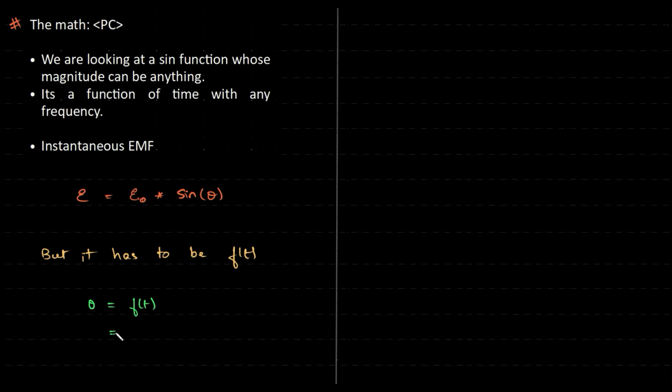So how will we make it a function of time? So what is it that we're looking at? We're looking at this omega t. So this is your angular velocity. And this is your time.